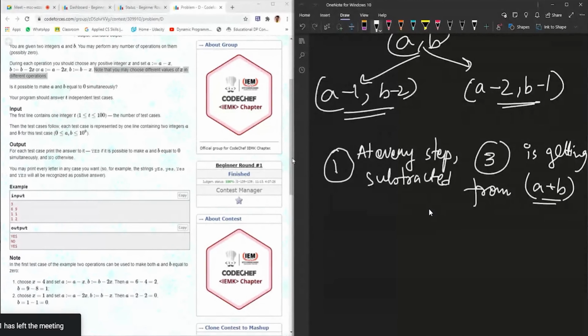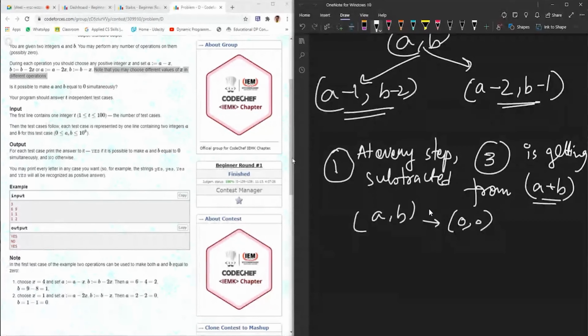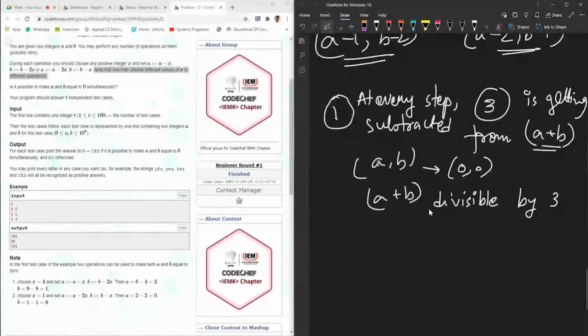So naturally, if I want to convert a comma b to 0 comma 0, it is understood that a plus b must be divisible by 3. Otherwise, we won't be able to convert a comma b to 0 comma 0. Correct.